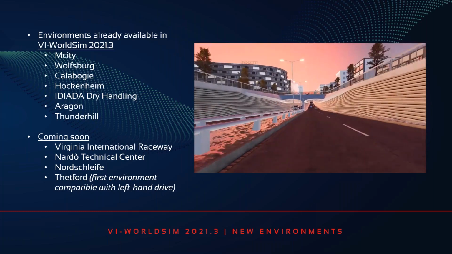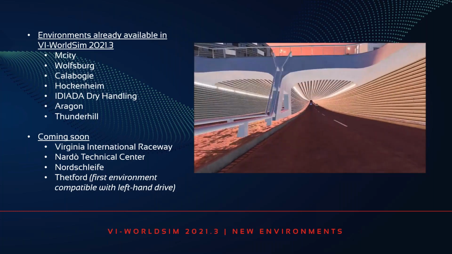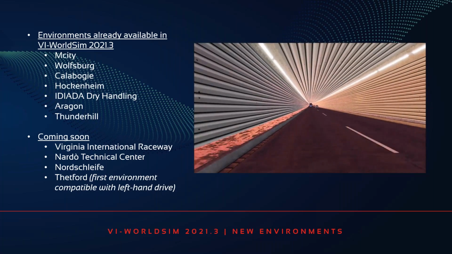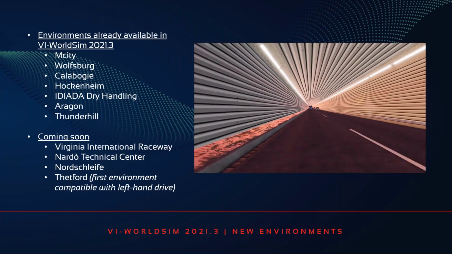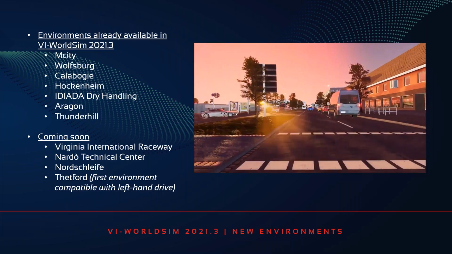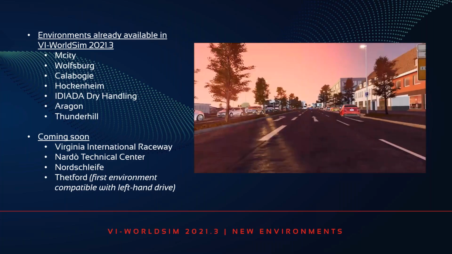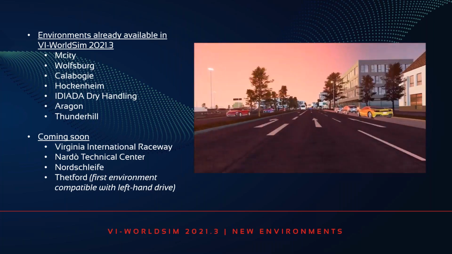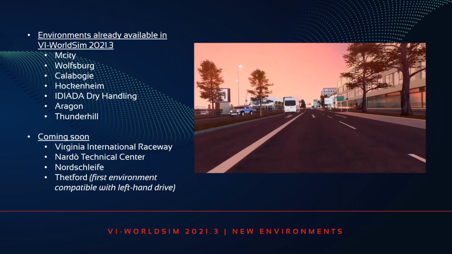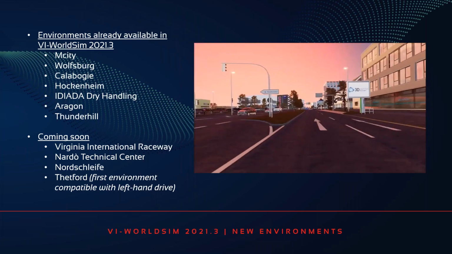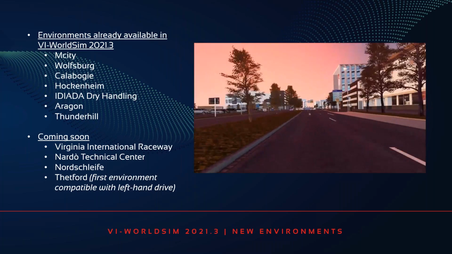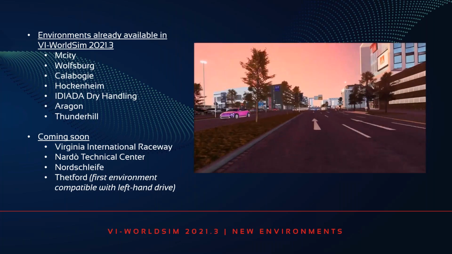And shortly, not tied to the actual 2021.3 release, but not waiting for another release, is continuing content development for VIR, for Nardo Technical Center, for the Nordschleife, and also for Thetford, which is the first environment that's specifically compatible with left-hand drive vehicles.